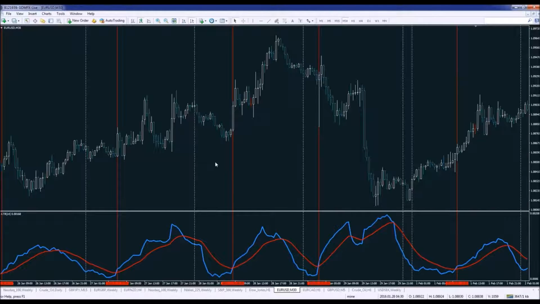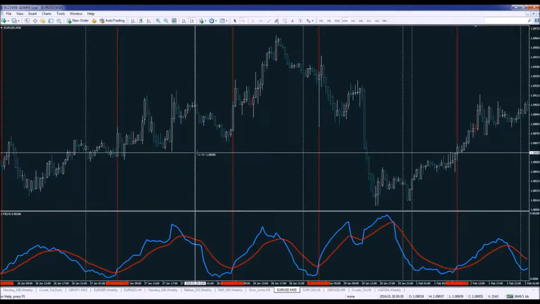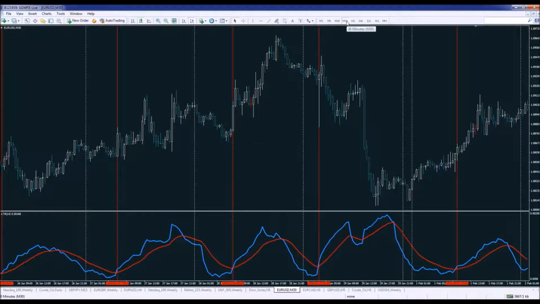Gaining traction means that from this particular time frame to this time frame, this is 17 candles, 17 sessions on, of course, a 30-minute chart.